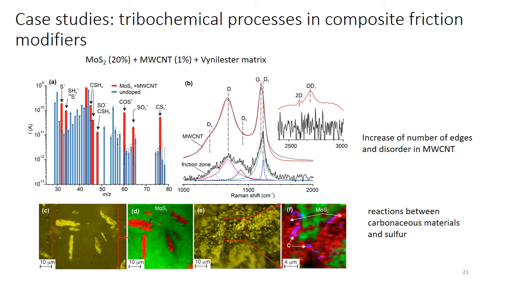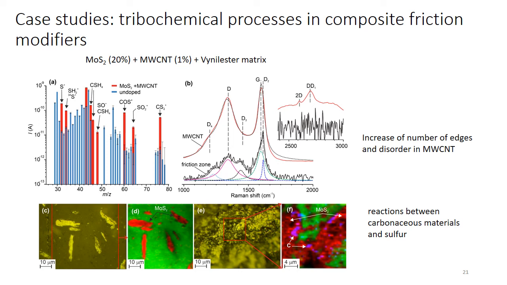And finally, a very interesting result obtained recently concerns the tribochemical reaction in a solid lubricant, which is a composite of molybdenum disulfide and carbon nanotubes in a vinyl ester matrix.